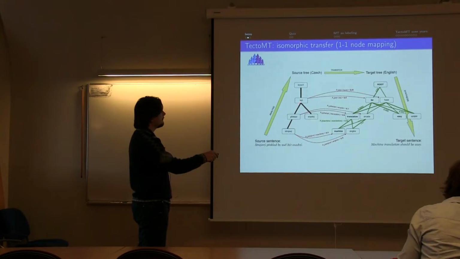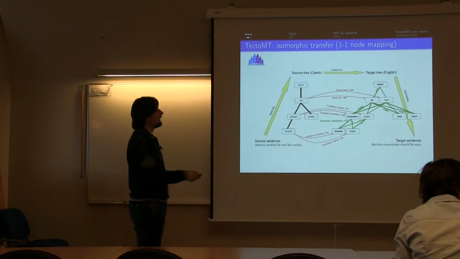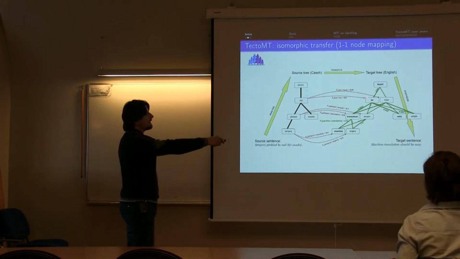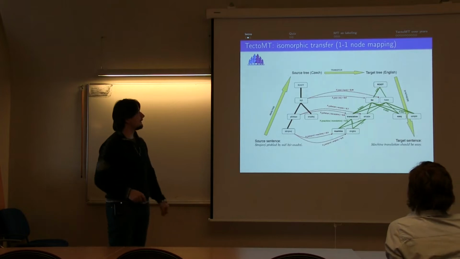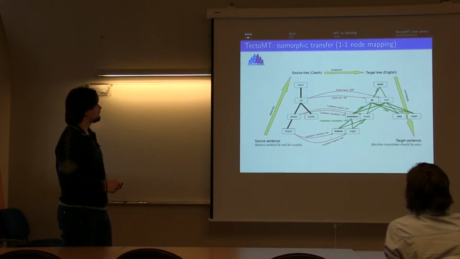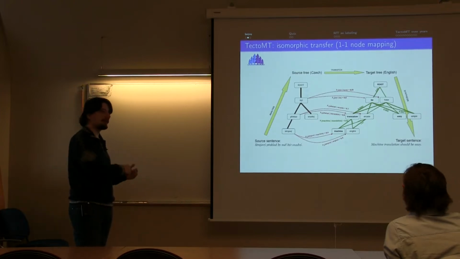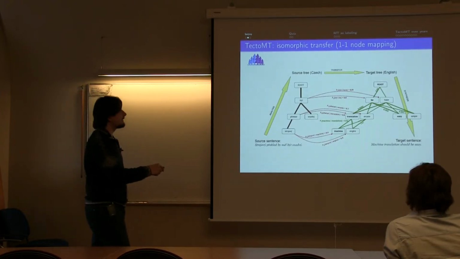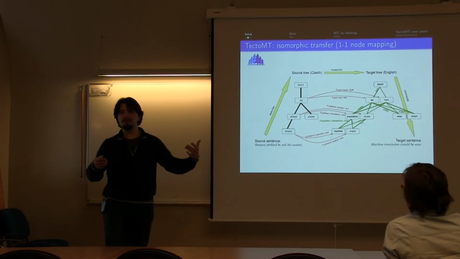So "být" is translated as one word, either "to be" or "to have", and we need just to select the best lemma or word, which is the label in this case. Strictly speaking, isomorphic is defined in graph theory, and it's not only one-to-one, but also that the structure of the tree remains the same. So the shape of the tree is the same.